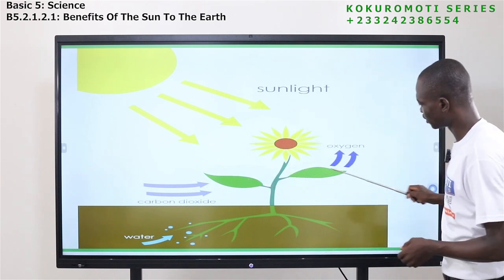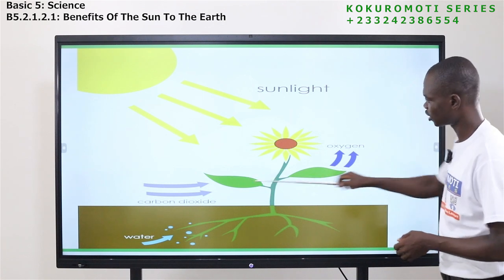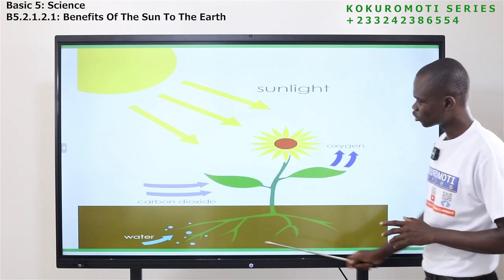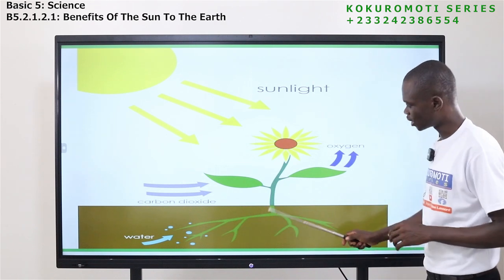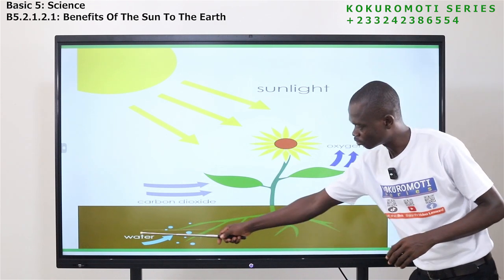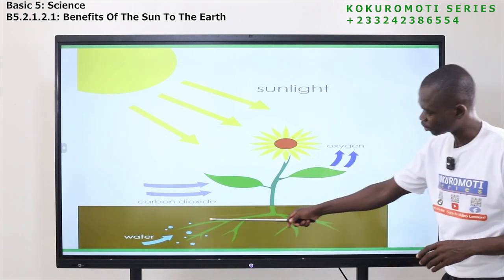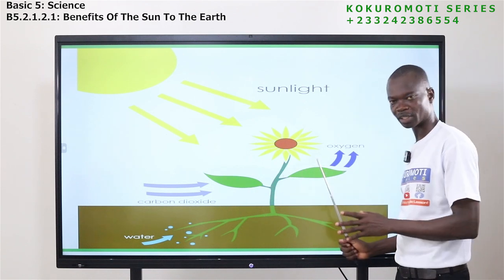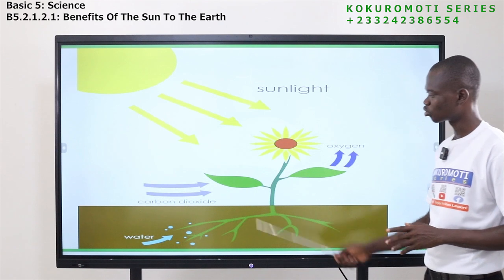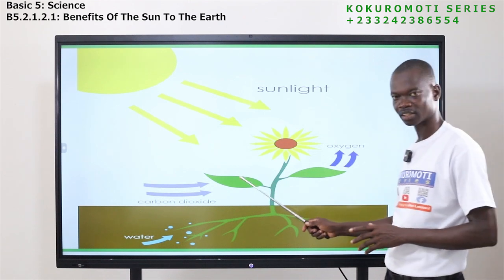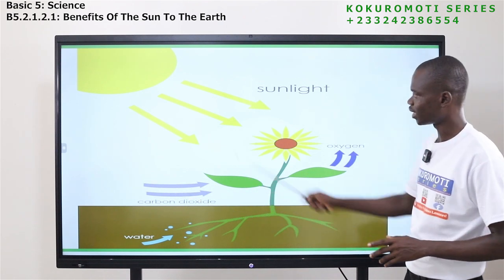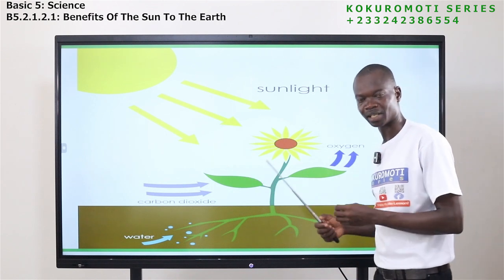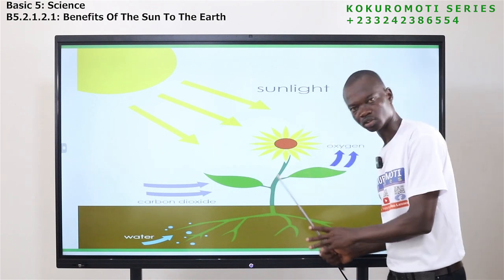So here, these are the kitchen of what? Plants. The plant also uses what? Water. So the roots here will absorb water. The water will move to the roots, then it goes through to all parts of the plant, including the leaves. So the water that will come here, the air that will come here, and the light that will come here are used by the plant to make its own food.